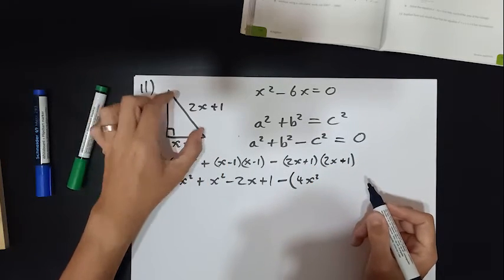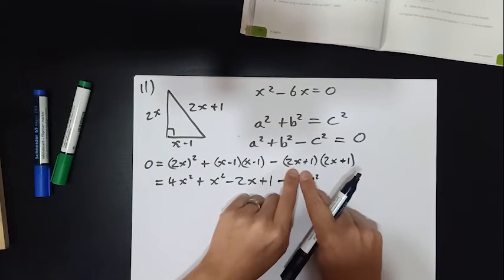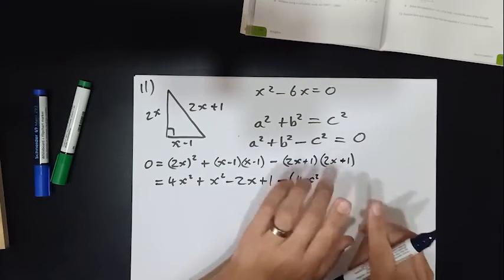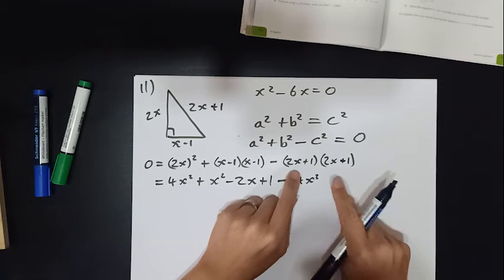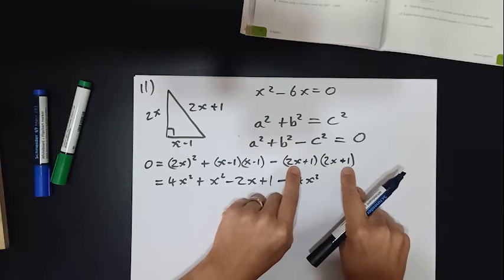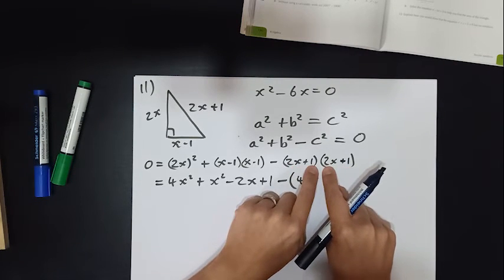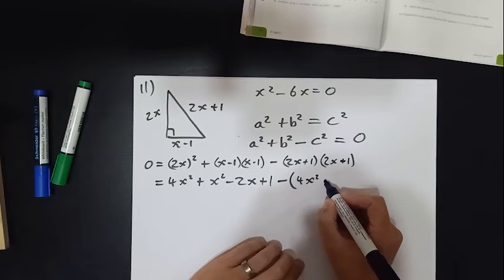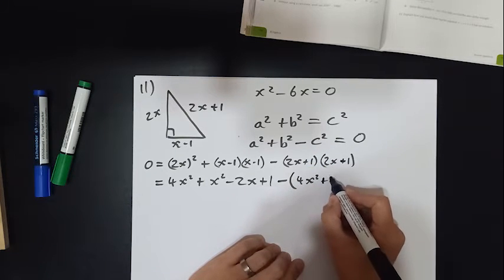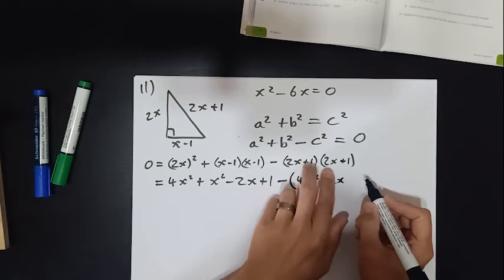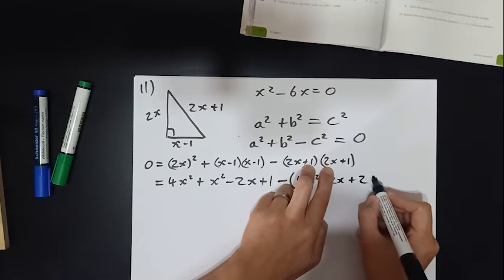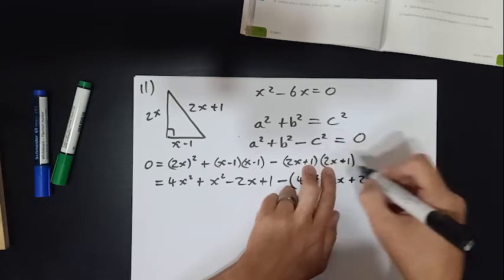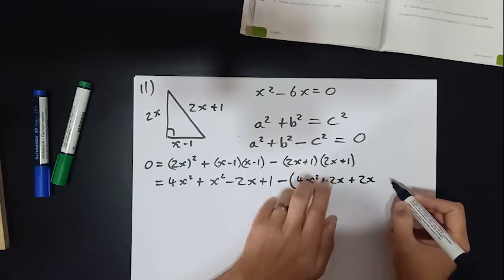Sorry, this is c squared, so it's this times itself. 2x plus 1, 2x plus 1. So this is 2x times 1, that's 2x. Let's write it all out longhand. So plus 2x, and then these two, plus 2x. If you want to keep drawing your smiley face, that's okay.